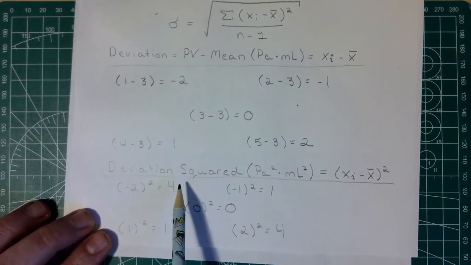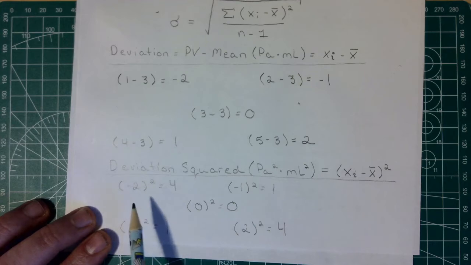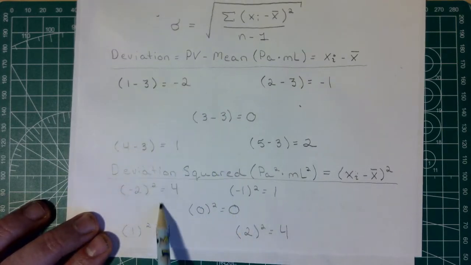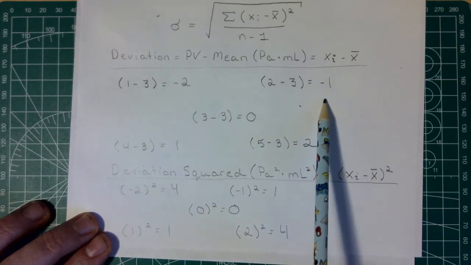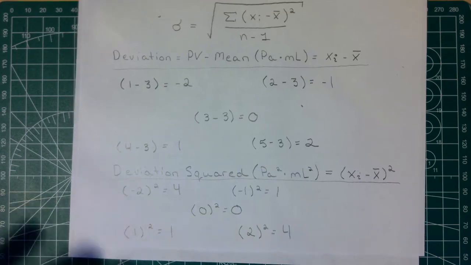And what we're going to do is just take this part that we've already calculated and square each one. So we wind up getting negative 2 squared is 4, negative 1 squared is 1, 0 squared is 0, 1 squared is 1, 2 squared is equal to 4.